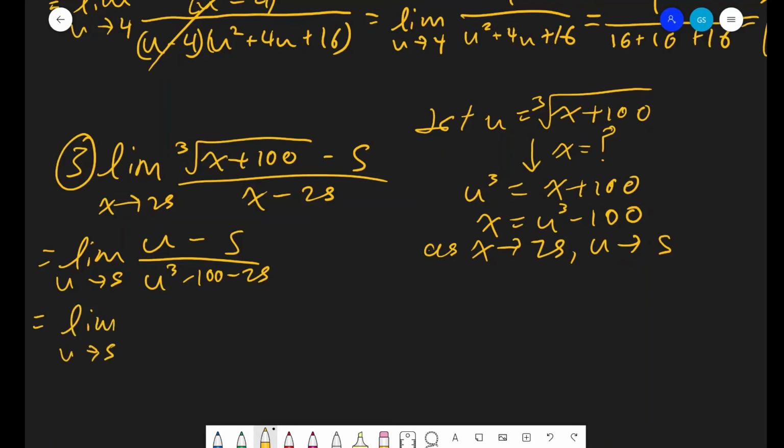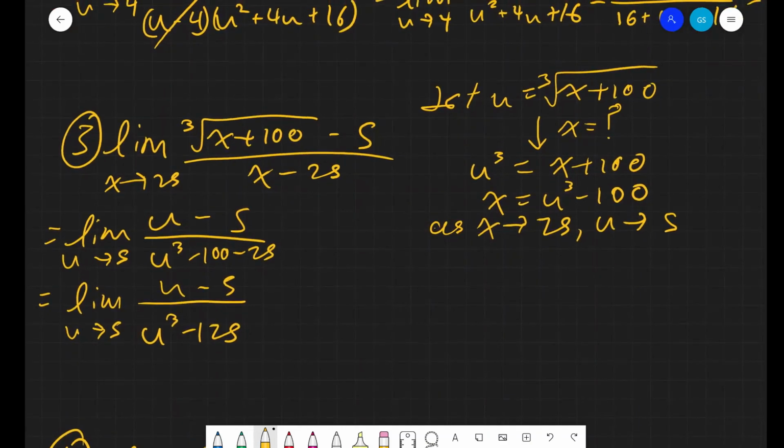Simplifying this out, in the bottom you're getting u cubed minus 125, and u minus 5 at the top. Now, same idea as the last question. We have a cube difference going on, a cubed minus b cubed. I forgot the name of it, so we're going to apply that same formula here again.